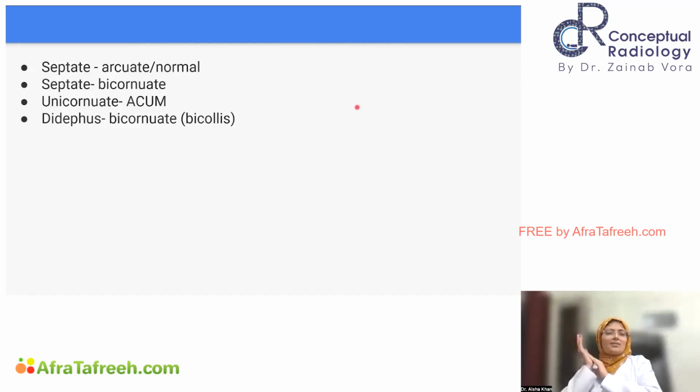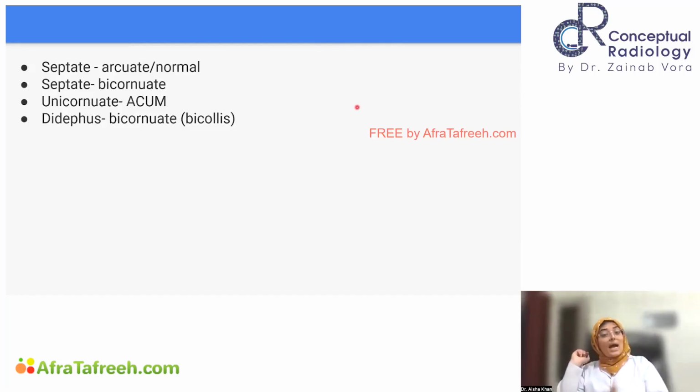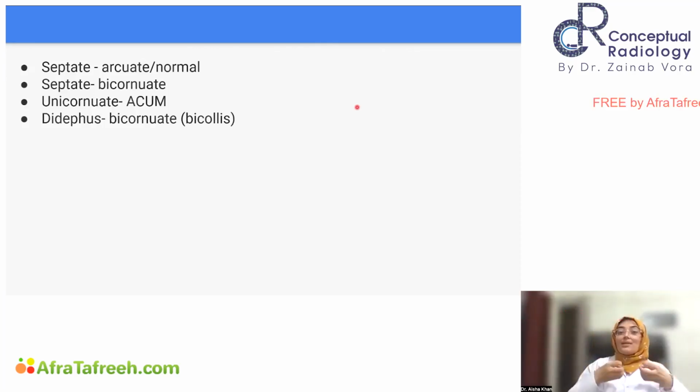And sometimes, not very common, but sometimes didelphys versus bicornuate bicollis, because now bicornuate bicollis also has what. See, in didelphys there are two separate cervix which are widely separated. At least 10 mm, means 1 centimeter or more, they will be separated in didelphys.